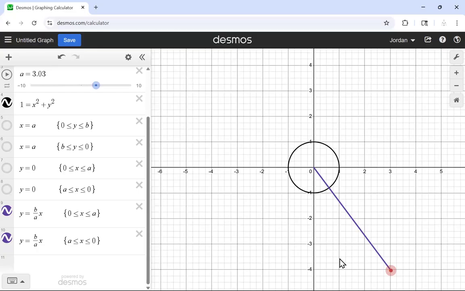Think of a +4 over a -3 is going to give us the same thing as a -4 over a +3. So essentially, what we need to do is go in the other direction, the exact reverse direction.